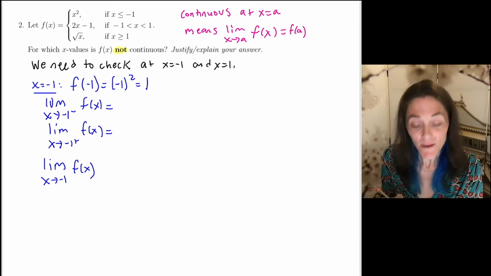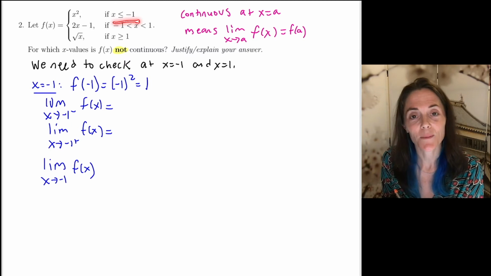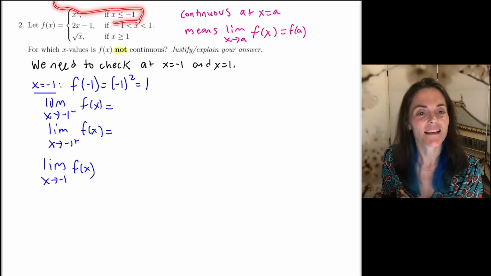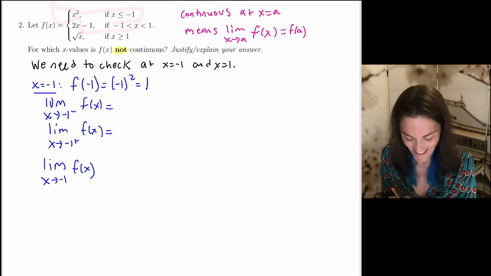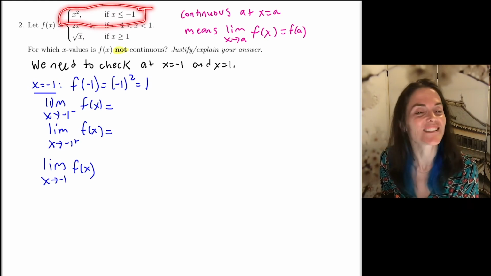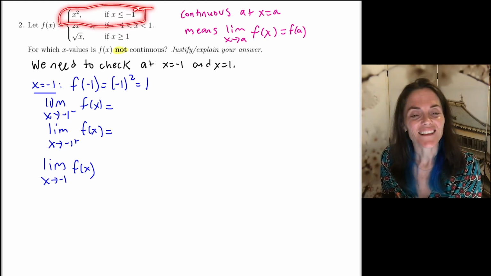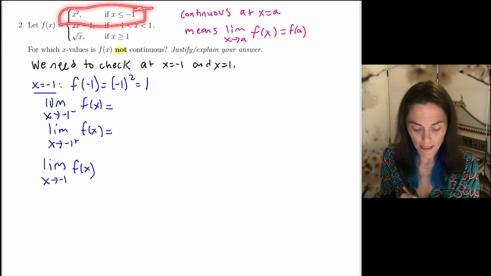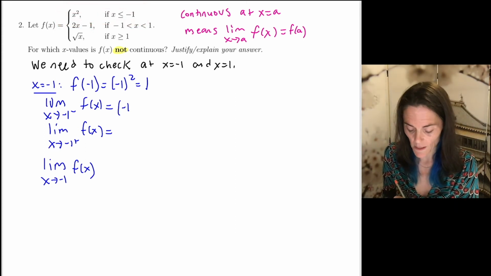Coming from the left, this uses values less than -1, but approaching. And that is this formula, which I didn't outline so well. It's here, this formula. Coming from the left, we see the limit would be (-1) squared. We evaluate the top formula and we get 1.